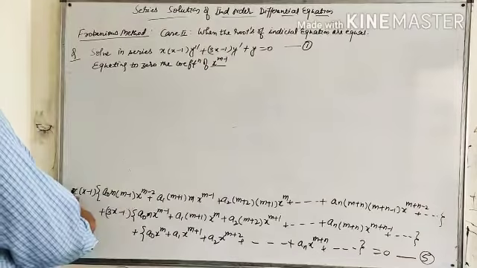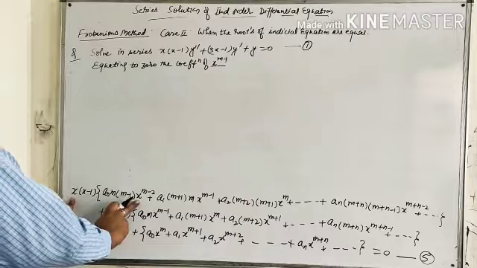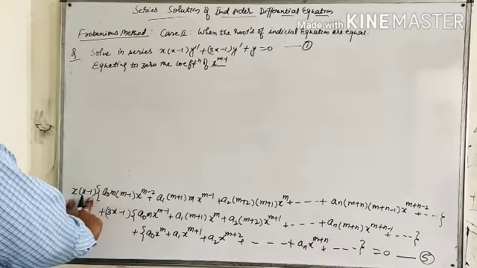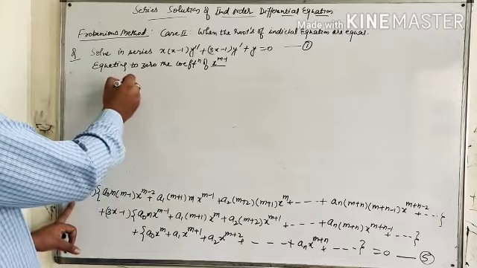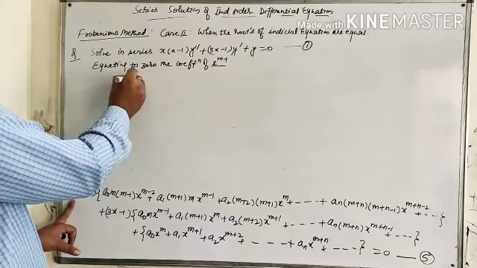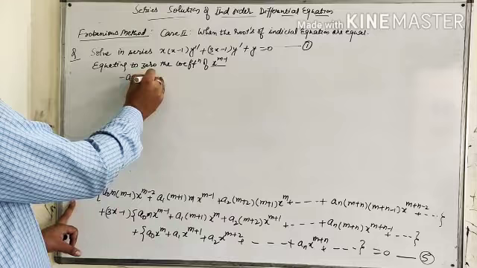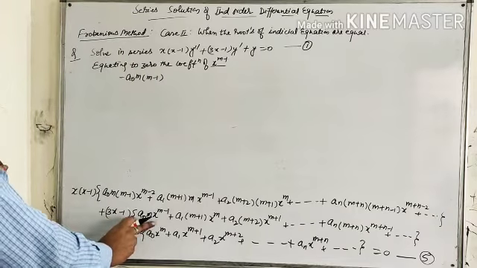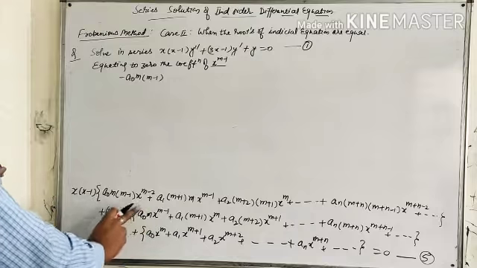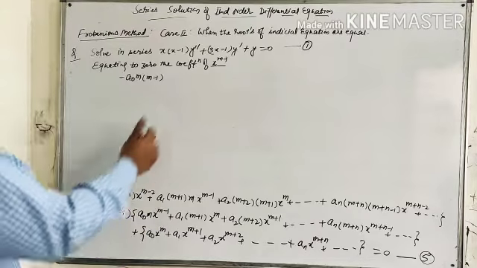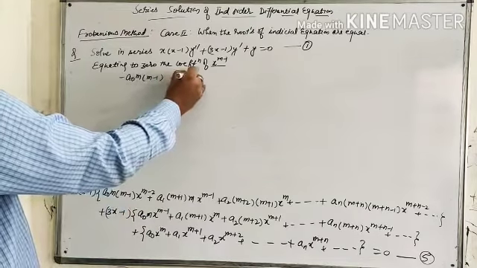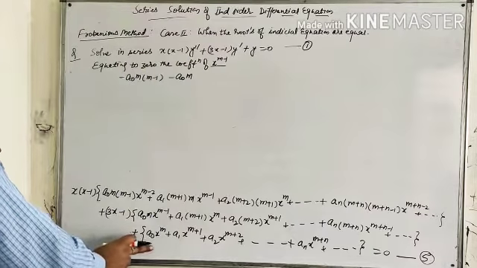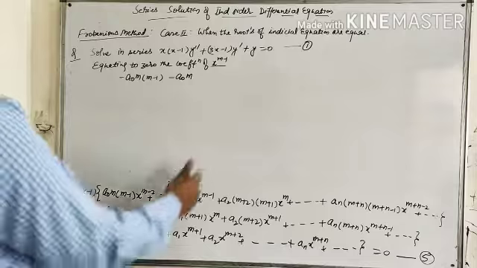When we multiply by x square, the coefficient of x raised to power m minus 1 does not exist, so leave it. When we multiply by x, the coefficient of x raised to power m minus 1 is minus a naught m into (m minus 1). When we multiply by 3x, the coefficient of x raised to power m minus 1 does not exist. When we multiply by 1, it will be minus a naught m. And the coefficient of x raised to power m minus 1 does not exist from the last term either.